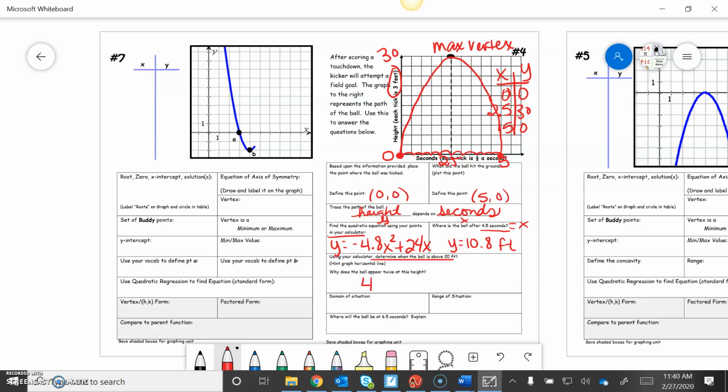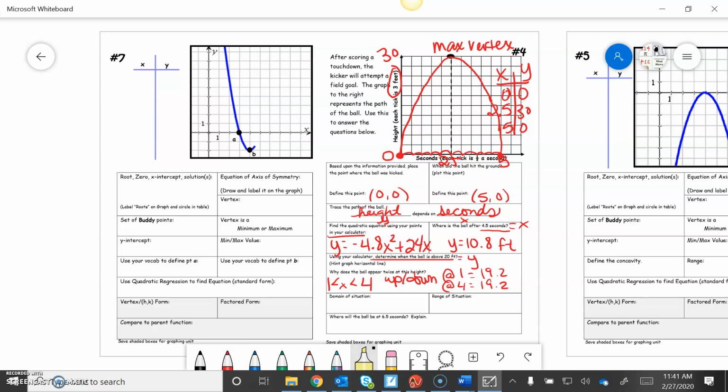So at 4 and at 1, we could say 1 is less than x is less than 4, because our y is 20. And at 1, we were at 19.2, so we weren't quite there yet. And at 4, we were also at 19.2, which is why a ball appears twice at this height. Because what goes up must come down. Okay, so we don't want to put equal signs underneath our inequalities there.